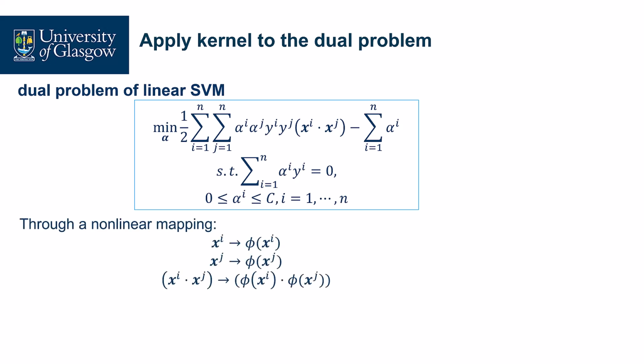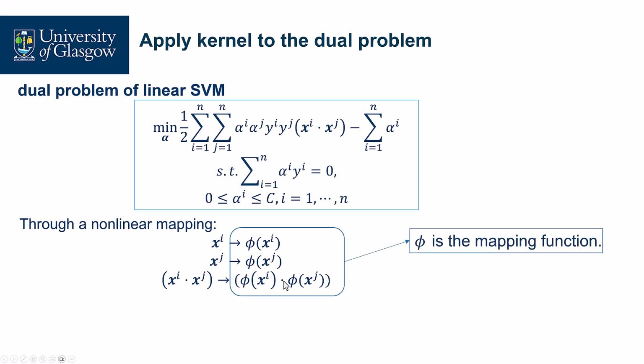Then we do a nonlinear mapping. We take xi and xj and use the transform function phi to go to the feature space, right? Then for the dot product of xi and xj, phi is applied to each of them, and then we perform the dot product. So phi is a mapping function.